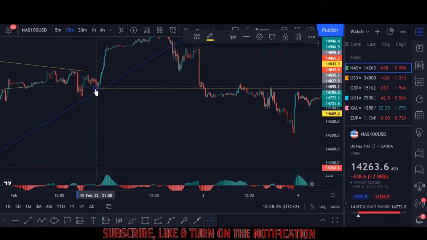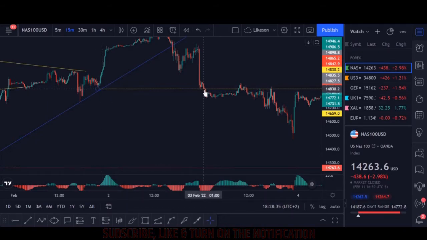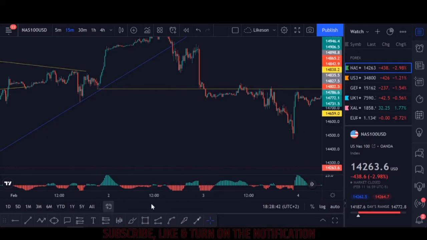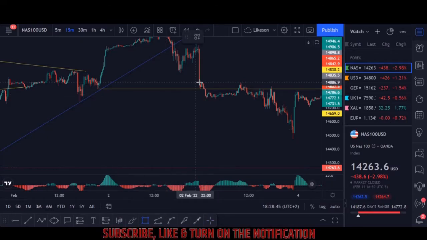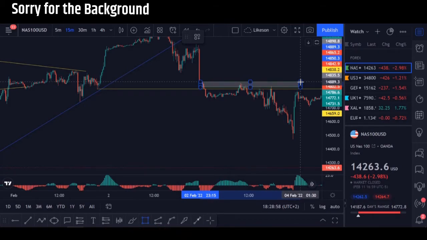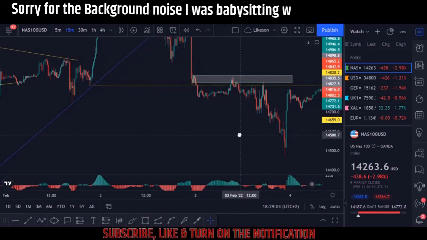So guys, I'll show you another example. This is another one here. We mark from here, we mark there. This is where the breakout happened, and then the last green candle is here, right? We mark it like that.